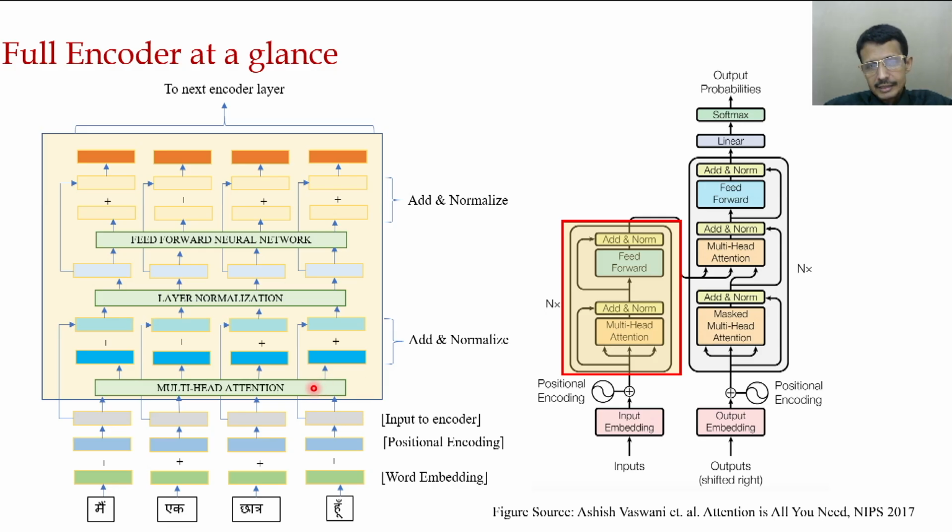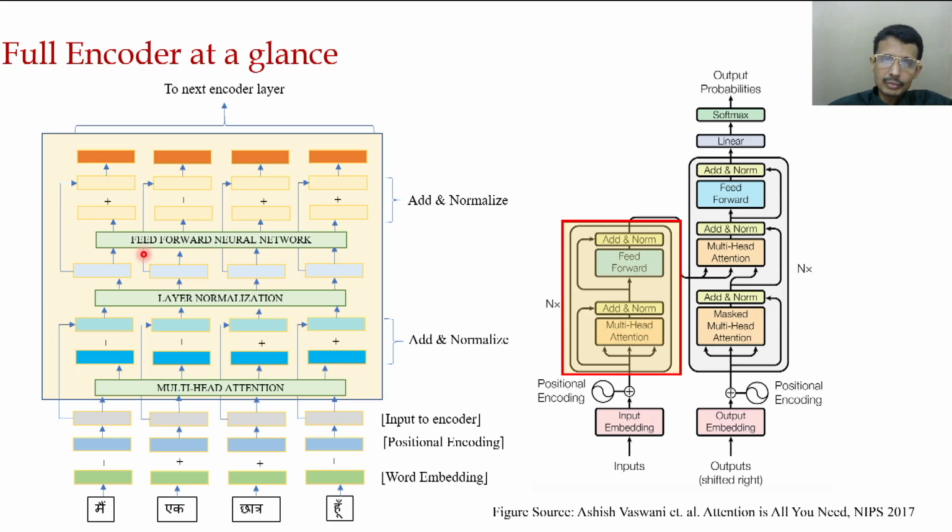In the encoder there is multi-head attention, which we will see. Then add and normalize is done; normalize means layer normalization. Then this is fed to the feed forward network, which is basically a multi-layer perceptron, and then again you can see addition and layer normalization. Finally we get the output from this particular encoder layer, and it goes to the next encoder layer. So this is the basic of the full encoder.